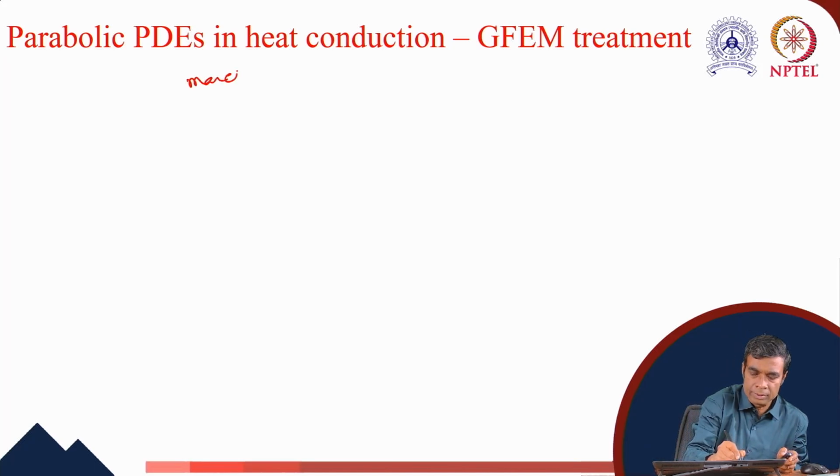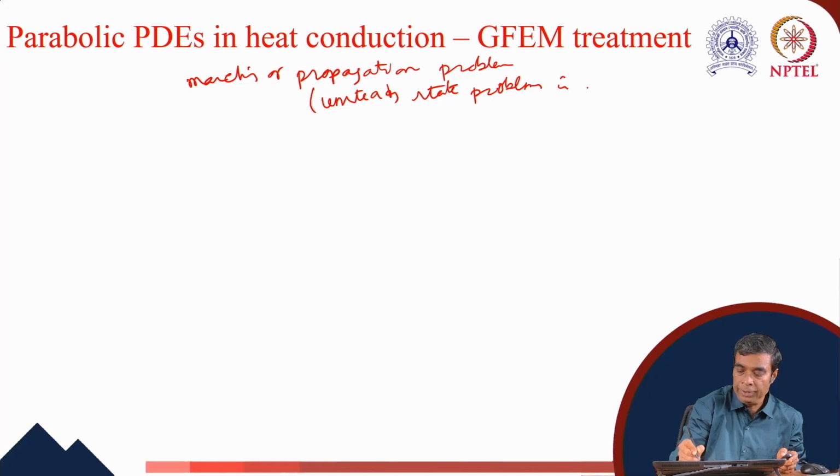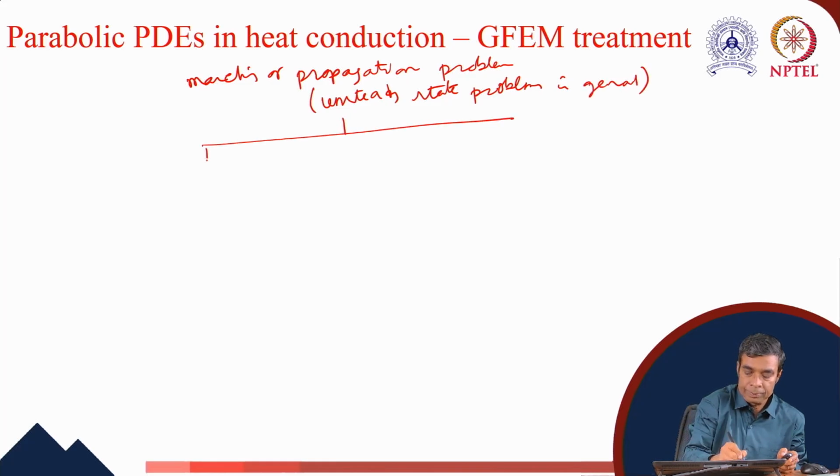Marching or propagation problems. These are unsteady state problems in general. So these are initial value problems or initial boundary value problems.